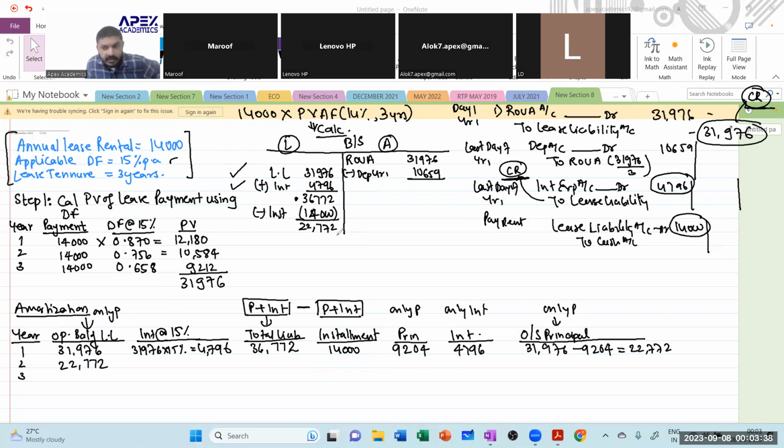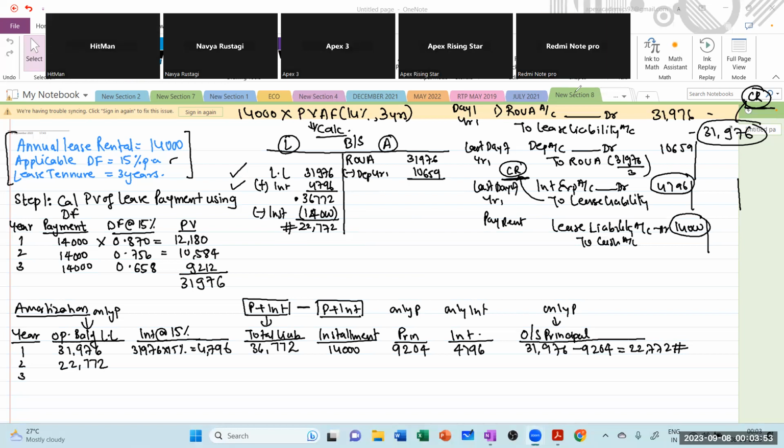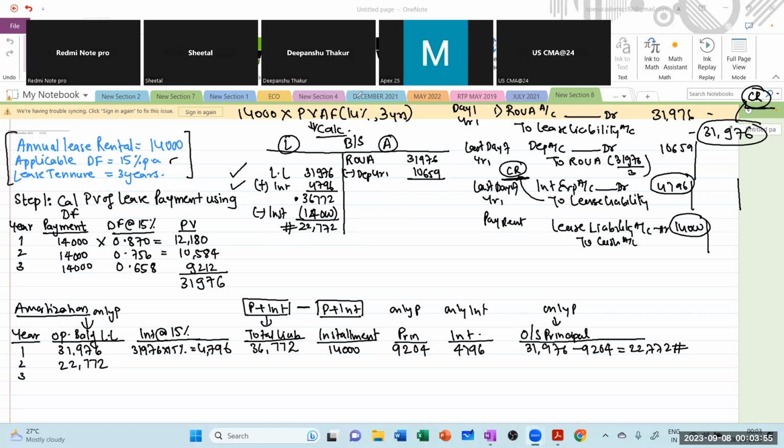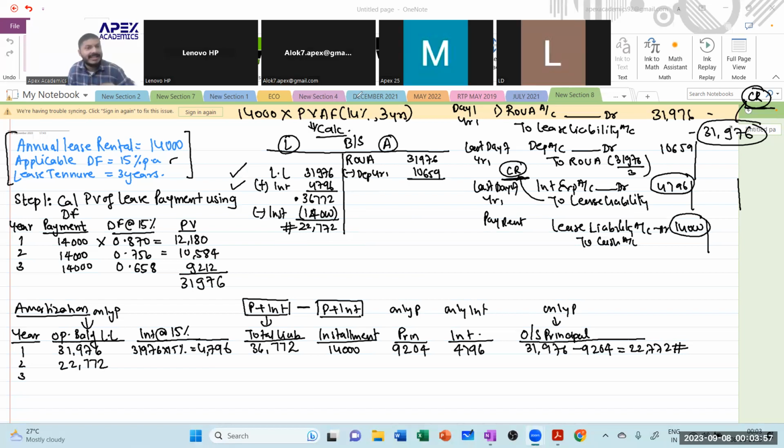Correct? Yes. Is this 22,772 the same as this 22,772? Yes, sir. Does everybody understand how we have linked everything together in the accounting base? Tanna, Lokesh, Rohit, Alok, Ubli? Yes, sir. Alnur, everyone, Dipanshu, Sheetal, are you understanding this? Yes, sir.